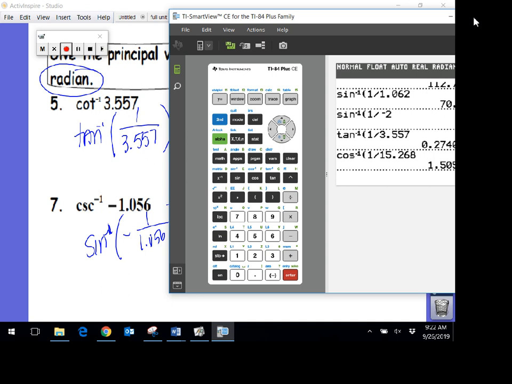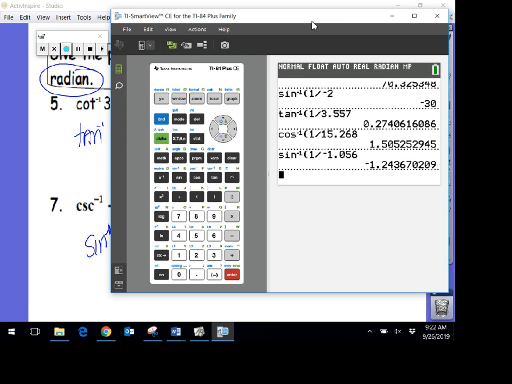And the last one, second sine, inverse sine of 1 over negative 1.056 is negative 1.244. That's a 6. Made the 3 go up to a 4.